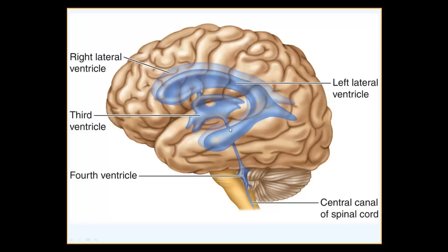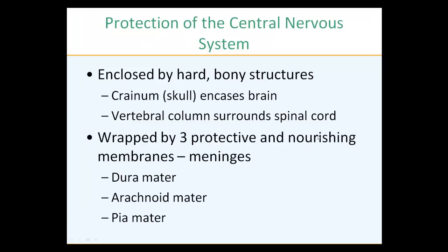We call that the aqueduct into the fourth ventricle, and that will continue into the central canal of the spinal cord. And of course here we have some exit points to go into the subarachnoid space, and we will talk about the subarachnoid space and the cerebrospinal fluid circulation in just a little bit.